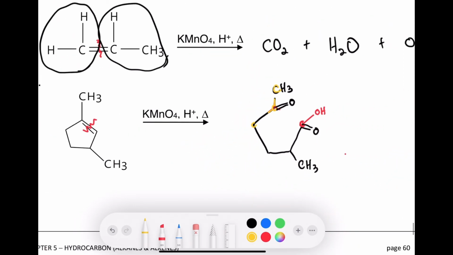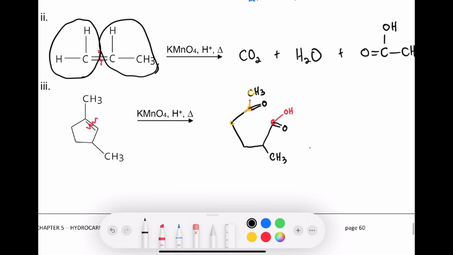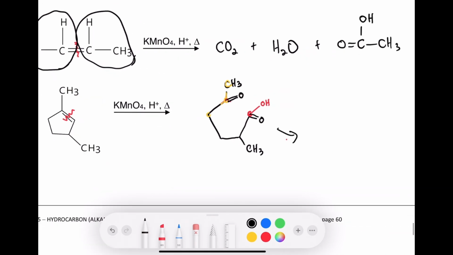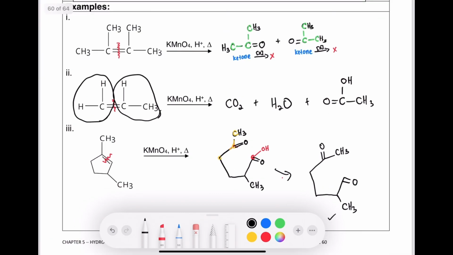So this is the answer that we get. If I refine the drawing, you are going to get O, CH3, double bond O, and CH3. So this is the refined drawing. Okay, so there you go.